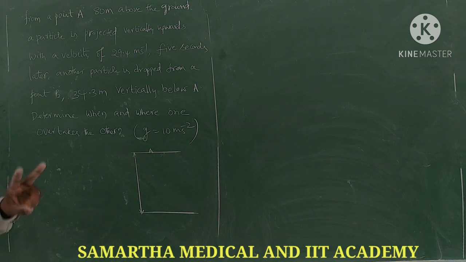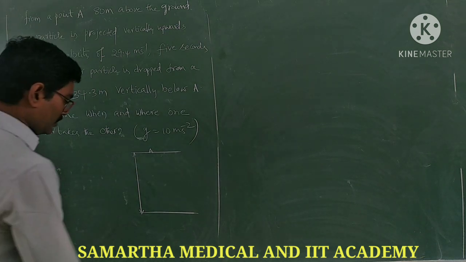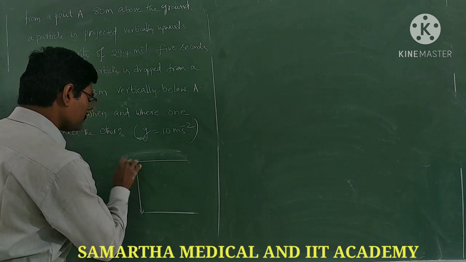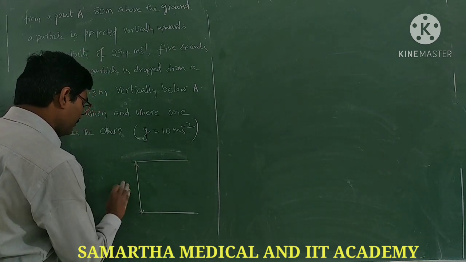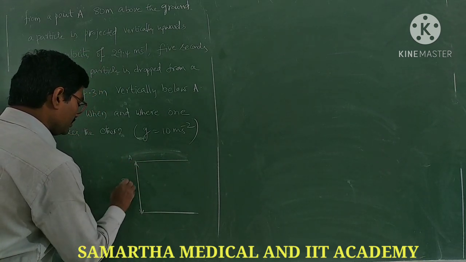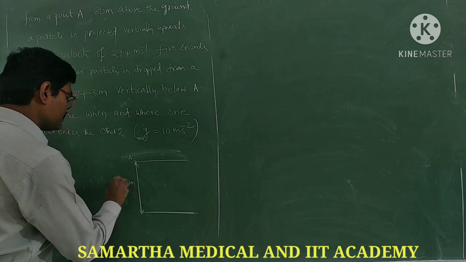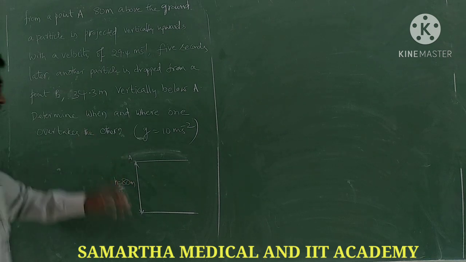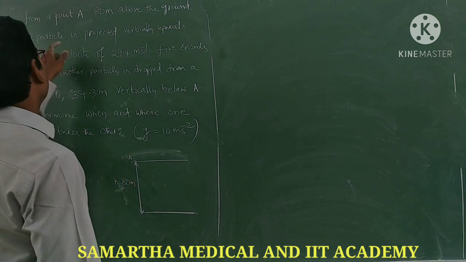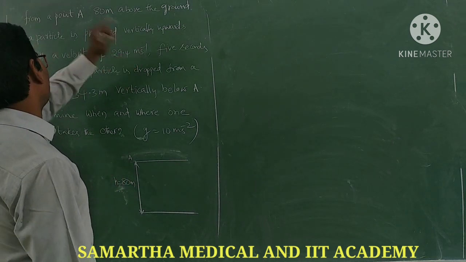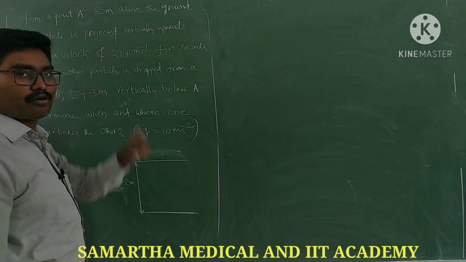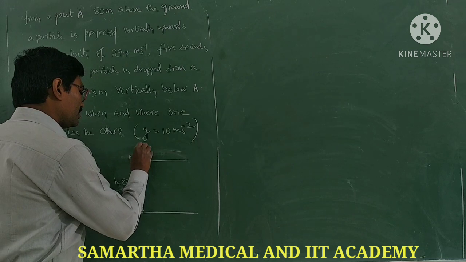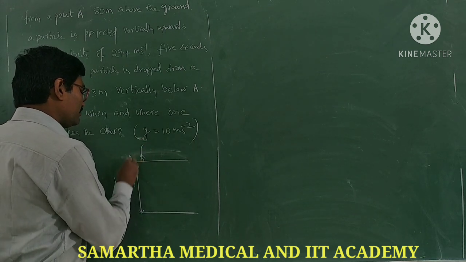See, there are two conditions in this. First, they considered a point A at a height of how much? 80 meters. This is the height of the point A. So from here, a particle is projected vertically upward with a velocity of 29.4 meter per second.